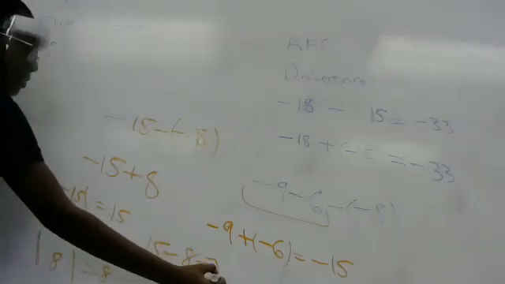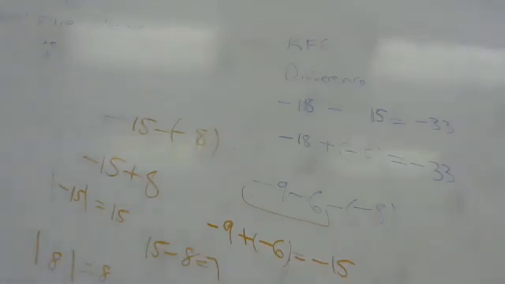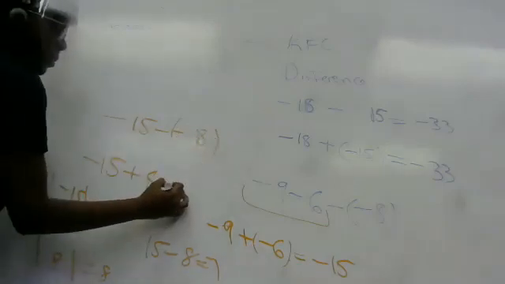For my final answer, what do I have to look at? The symbol of the number with the highest absolute value, which is -15. So my answer is going to be negative 7.